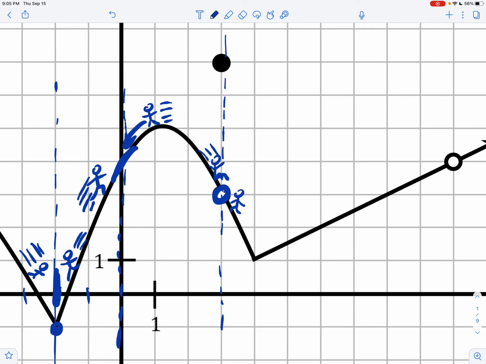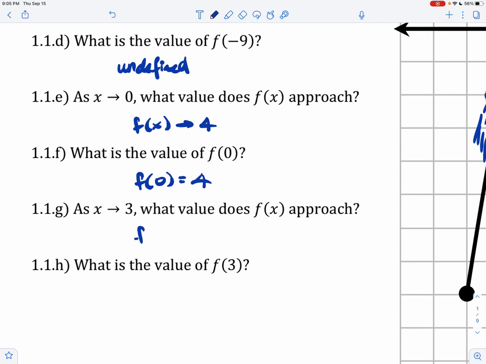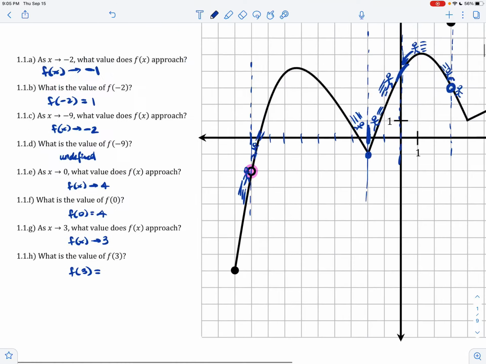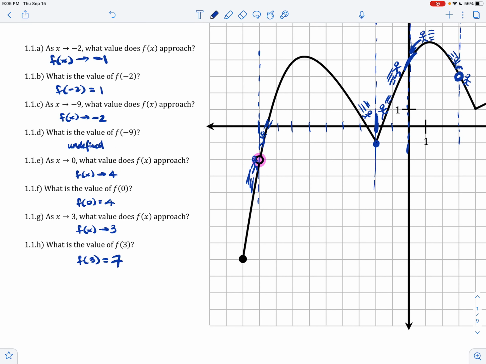So while we are approaching a height of 3, that's not what we end up getting for the value of the function. That is instead something way up high. Oh, that's like 7.